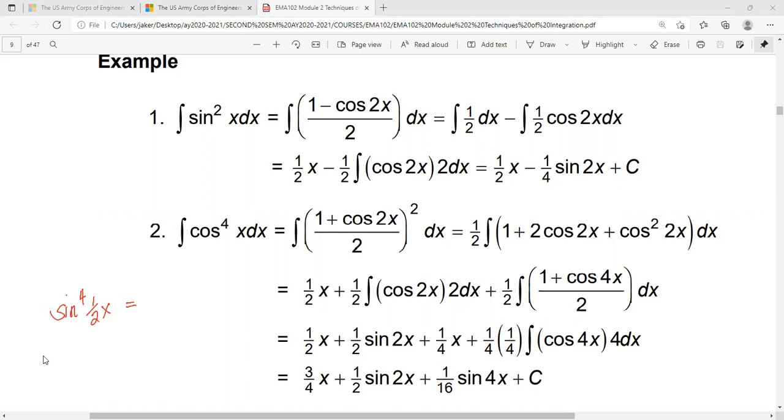Yes, you will transform it into an identity that we discussed just a few minutes ago. Case 2, how will this be transformed into its equivalent identity? That way we can have this integrated. Okay, what about Kesselberry? Would you know the equivalent identity of sine 1/2 x raised to 4?